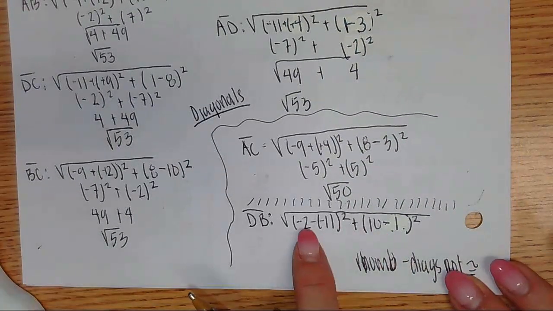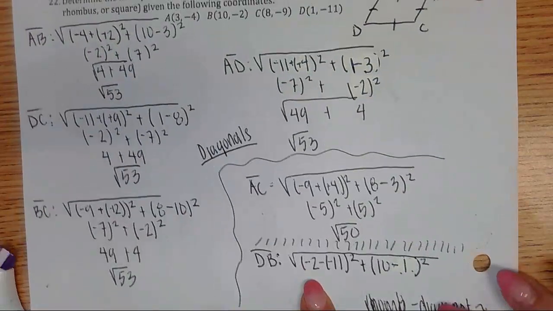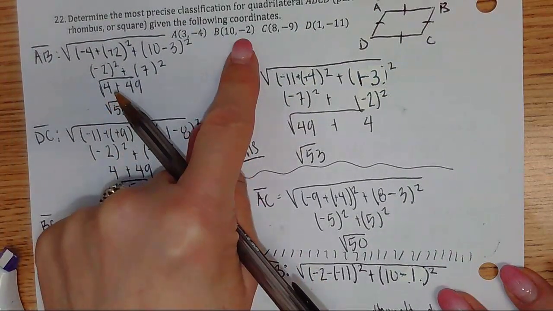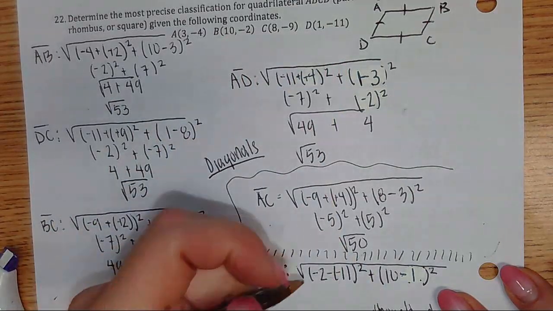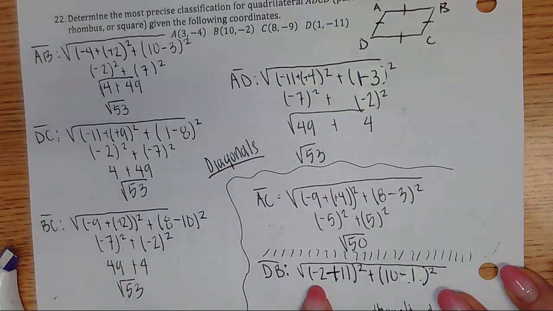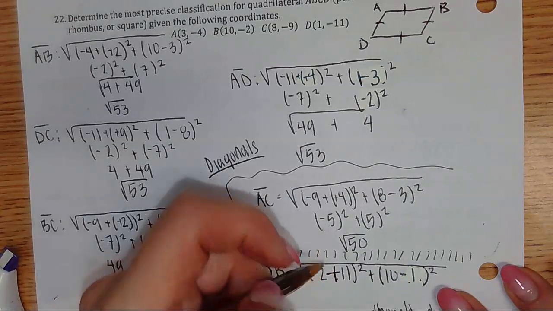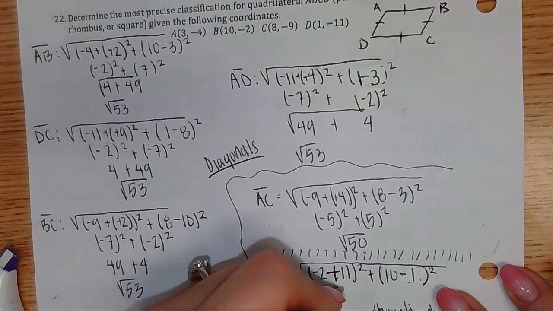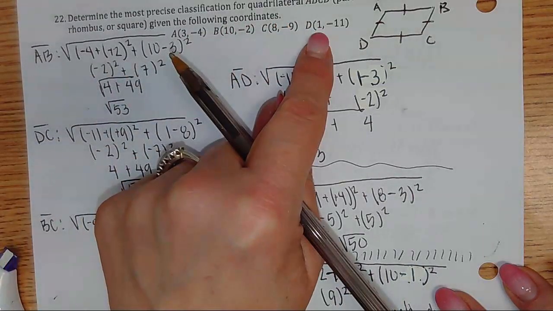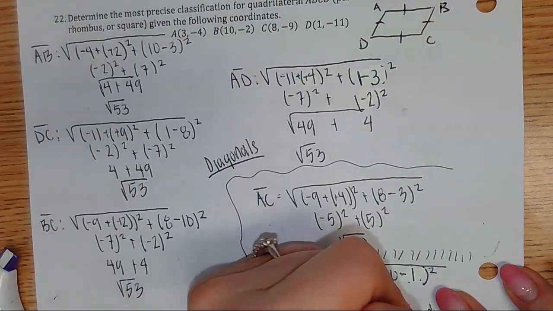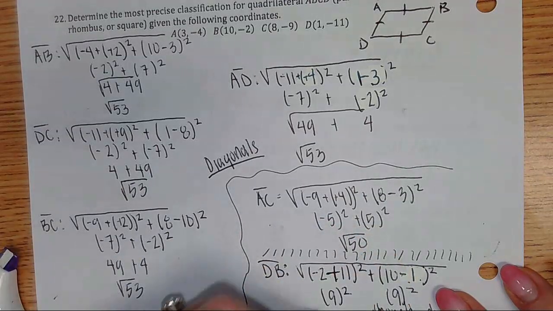Okay, so I've taken the coordinates and I've done -2, which I got from B, -2, minus -11, which that's going to become a plus. All right, and that is going to give me 9, which I'm going to square. And then I did 10 minus 1, which is going to give me 9, and I'm going to square that.